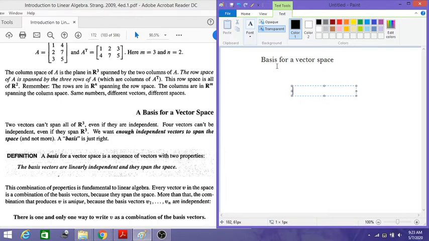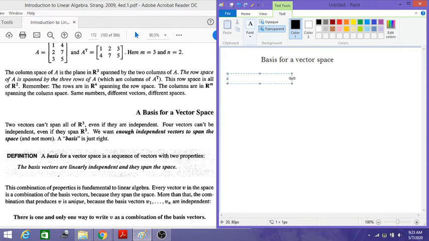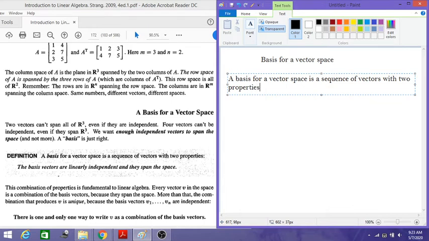Now let us write the definition of this basis here. So the definition goes like this: a basis for a vector space is a sequence of vectors with two properties. So what are the two properties?